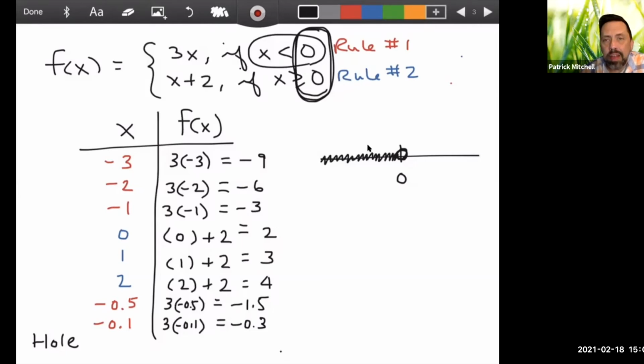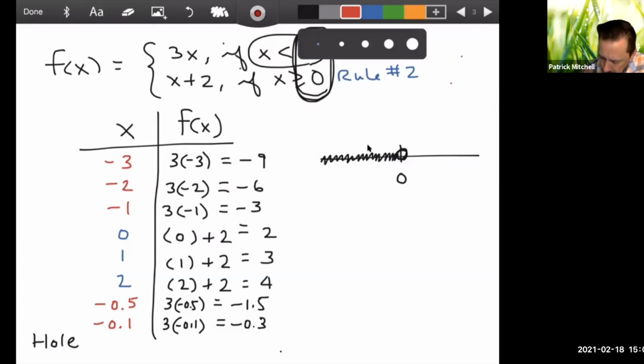Plug that number into the rule that it does not belong to. All right. So rule number 1 is for x less than 0. Rule number 2 is for x greater than or equal to 0. So 0 is the property of rule number 2. But to figure out the location of the hole, we're going to put it into rule number 1.